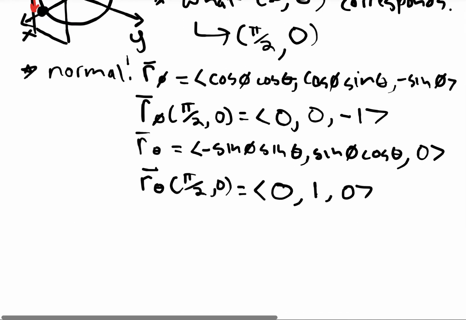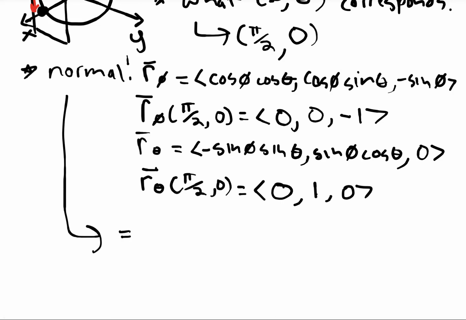So my normal vector is actually going to be equal to whatever happens when you take R of phi and cross it with R of theta and then evaluate that at pi over 2, 0, but we've already done that evaluation.